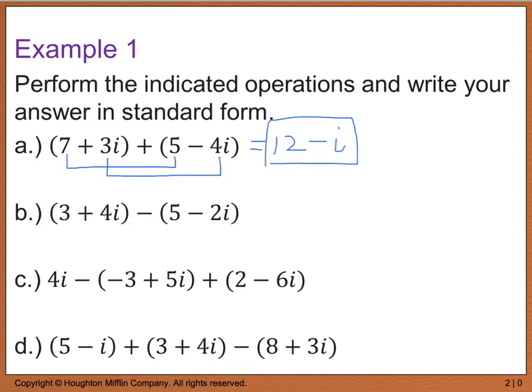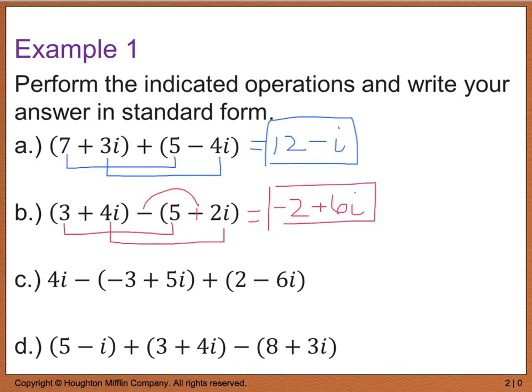Likewise, for part B, I have 3, and that's really minus 5, so that's going to give me a negative 2. And 4 minus a negative 2, so this is going to be distributed, that becomes 4 plus 2i, so I end up with plus 6i. In part C, I'm going to add all of my real pieces together.